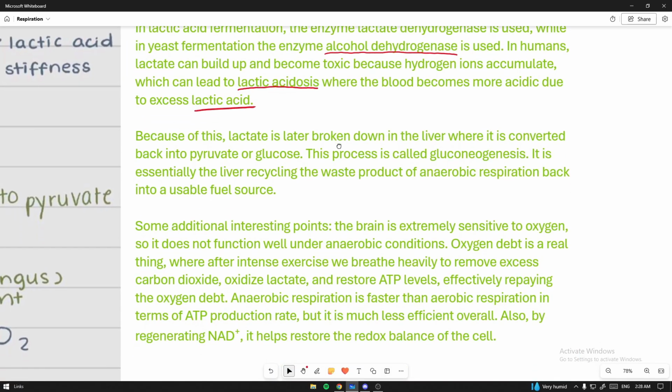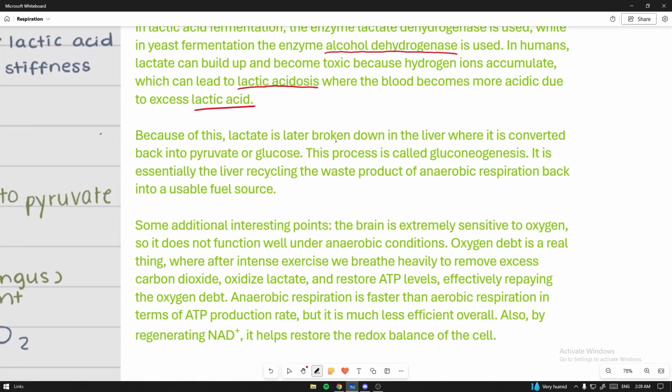All right. Because of this, lactate is later, okay, you have to know these points. These are really important. Because of this, lactate is later broken down in the liver where it is converted back into pyruvate or glucose. This process is called gluconeogenesis.